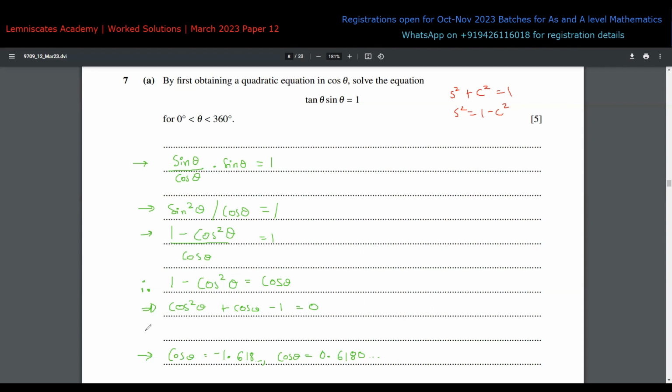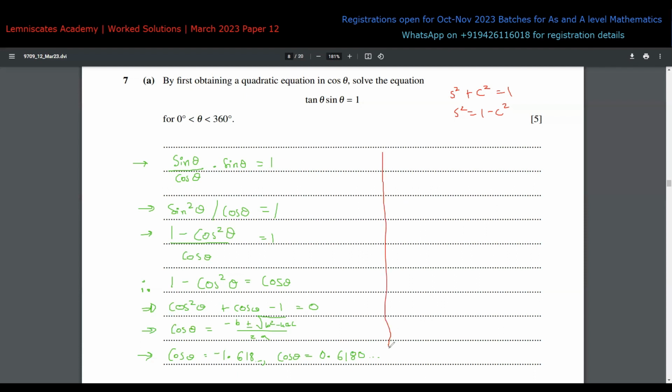And the way that we get the answer is by implementing the quadratic formula, that is minus b plus or minus square root of b square minus 4ac divided by 2a. That's the formula we are implementing, where b is equal to 1, a is 1, and c is equal to minus 1. So those will be the two values of cos theta that we got.